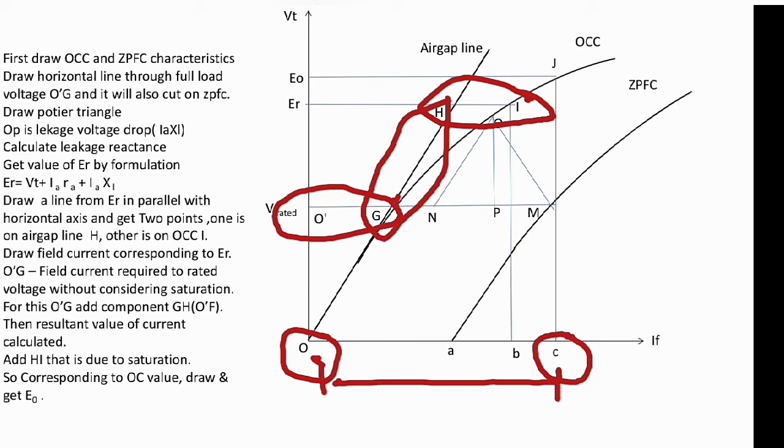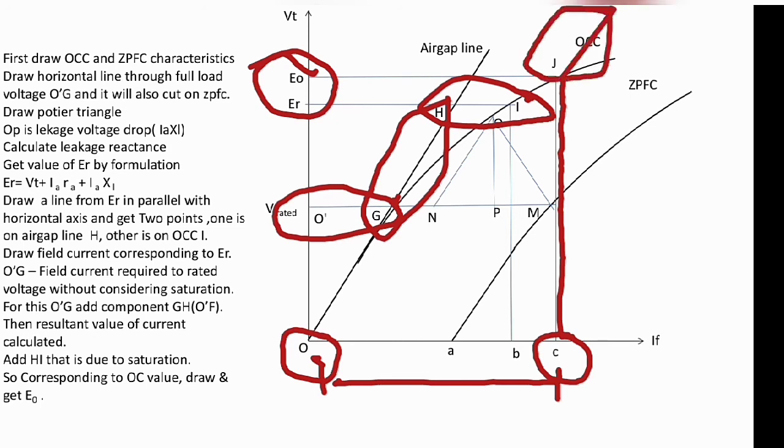whatever we get is the E naught value, the value of the output or open circuit voltage. This E naught can be measured when we draw a straight line through C, and that straight line cuts a point on the OCC, and through this point when we get the voltage, that voltage is called E naught. So this way we get the voltage E naught.